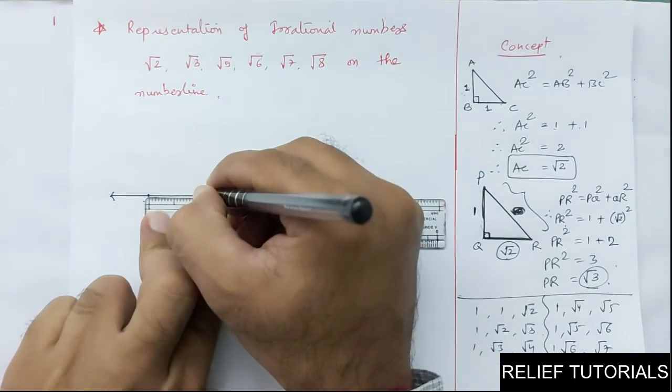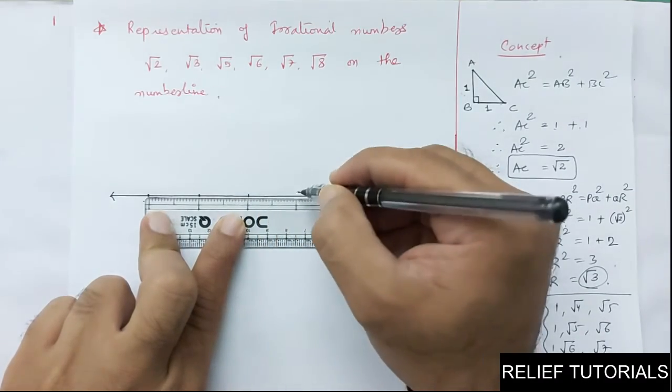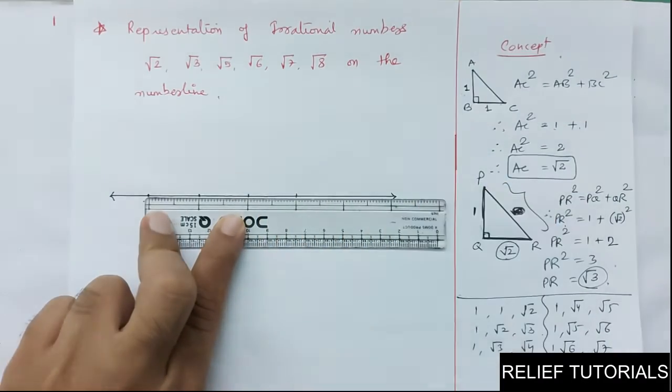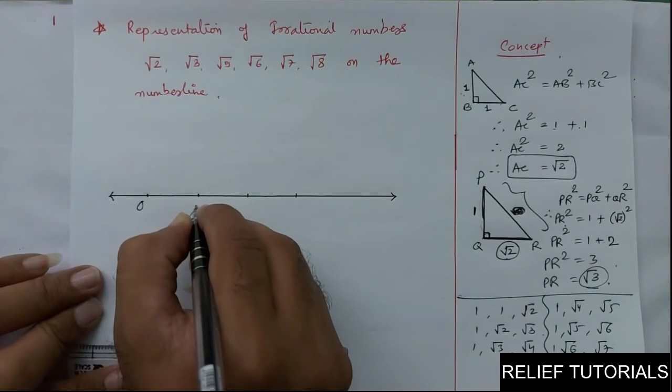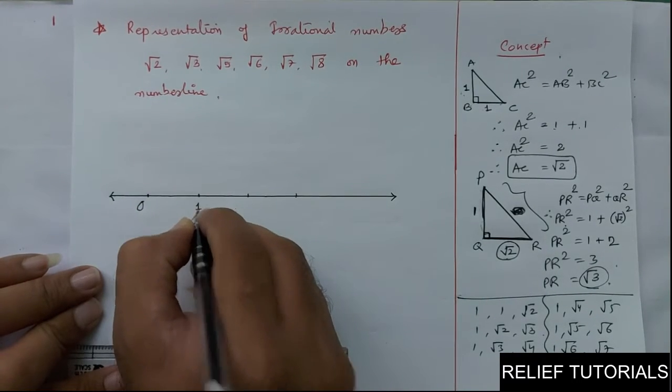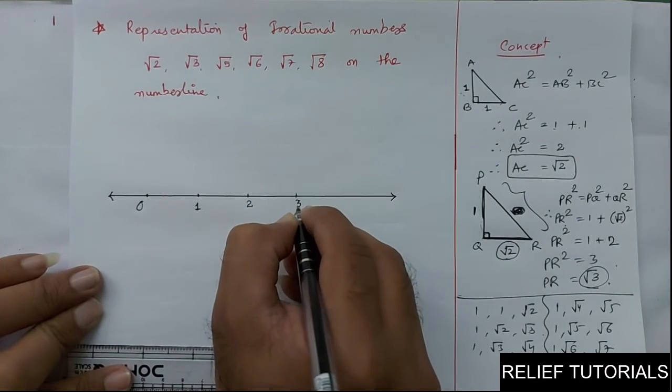So let us say this is 1, 2 and 3. So this is 0, 1, 2 and 3.